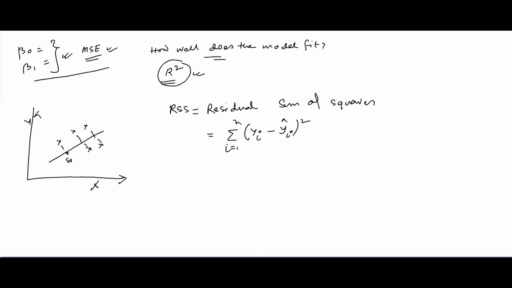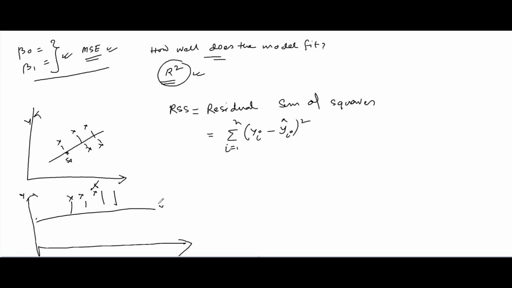Now by this we can calculate the sum of the residuals, but the problem is this can be a very big number, because if the y value is in millions, this will be a very big number. So let's consider another parameter. We create a mean line, and the distances from the points to it are my error points.